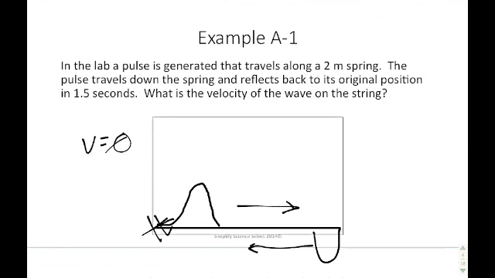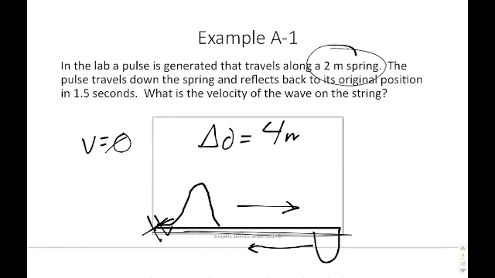It's not like walking forward and then coming back and saying you have a velocity of zero. So when we say this delta D term, I know the delta D is the displacement, but you're pretending like the wave did not reflect back. So the total length that it travels, if you look, is a 2-meter spring and it actually travels there and back, so it's a total of 4 meters that it travels. It's just because of the experiment itself that it actually reflected back.